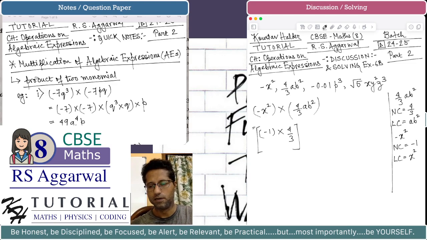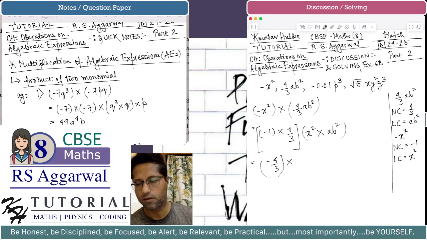Now, what will be its literal coefficient? We then multiply the literal coefficients of the two monomials. The literal coefficient of the first monomial is x square, and the literal coefficient of the second term is a b square. So the numerical coefficient is easy. We know this will be minus 4 by 3. And how do we find the product of the literal coefficients?